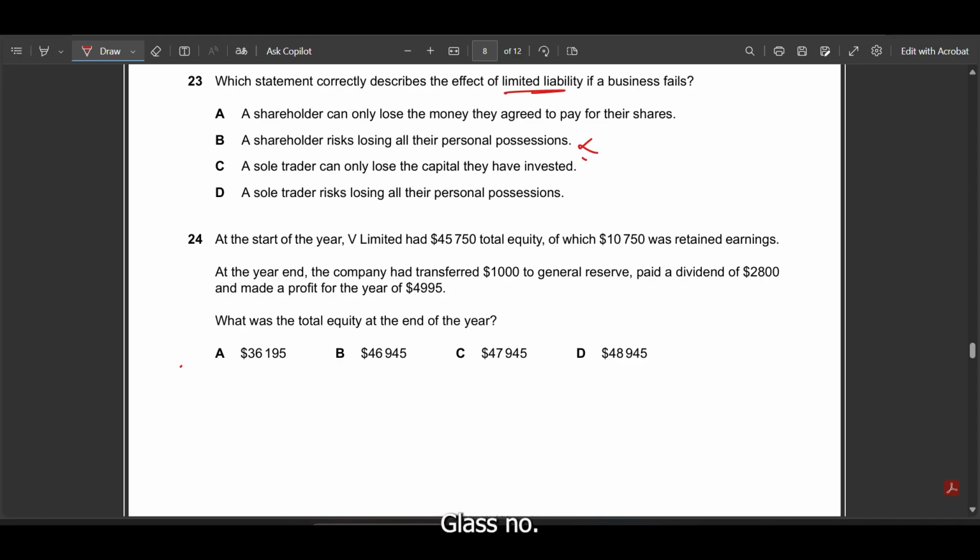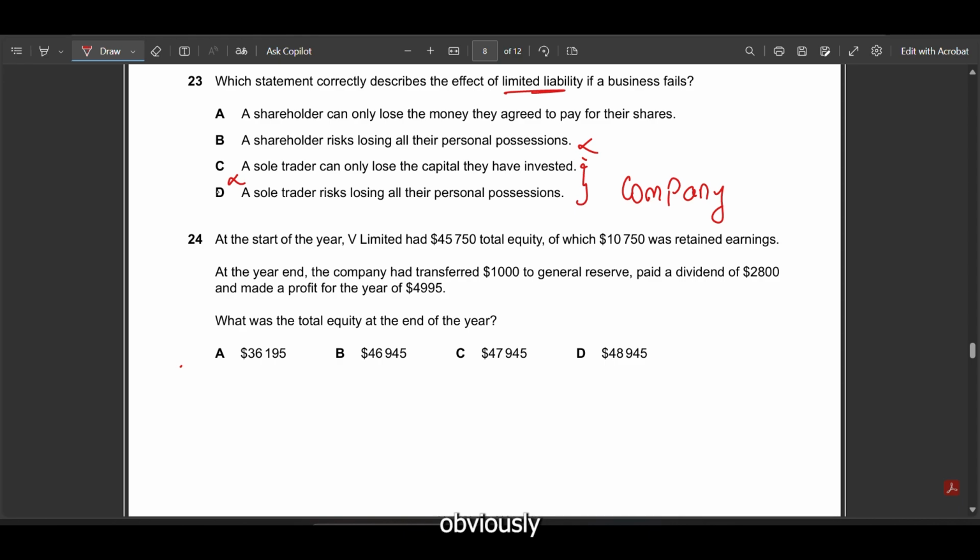Now, when I talk about limited liability, I am talking about a company. Sole traders and partnership firms have unlimited liability. So whenever you see sole trader or partnership, just eliminate it. Limited liability could be an LLP, a limited liability partnership, or a company.